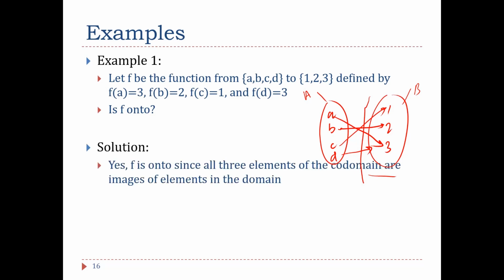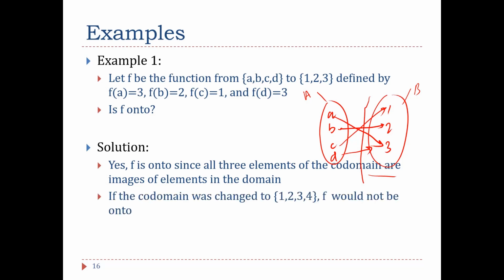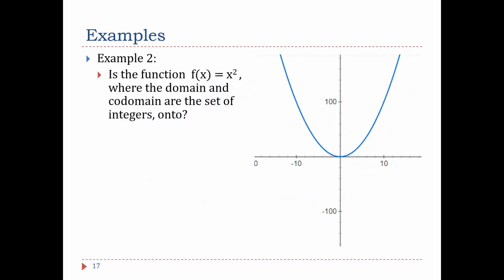So yes, it is an onto function because all three elements of the codomain are images of elements in the domain. If the codomain is changed to 1, 2, 3, 4, this would not be the case anymore.